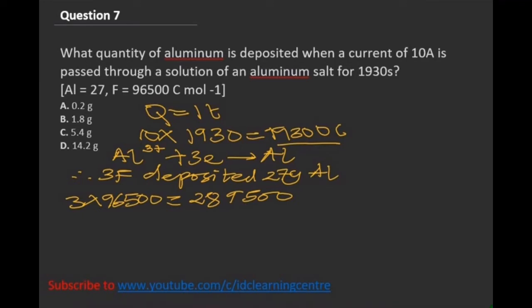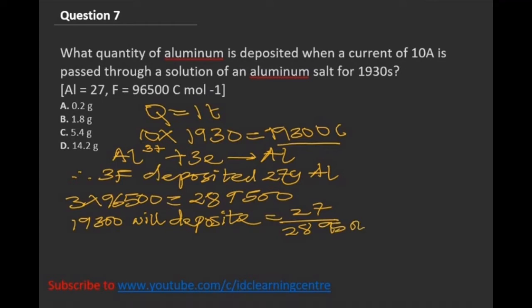So we say 19,300 will deposit 27 over 289,500 times 19,300 over 1.